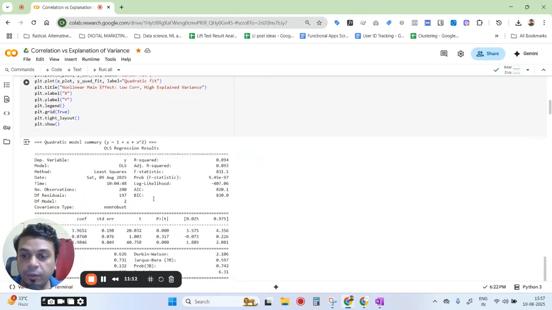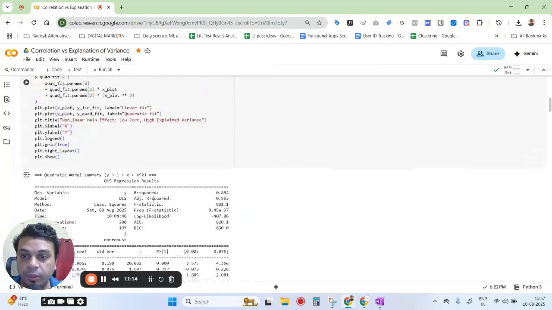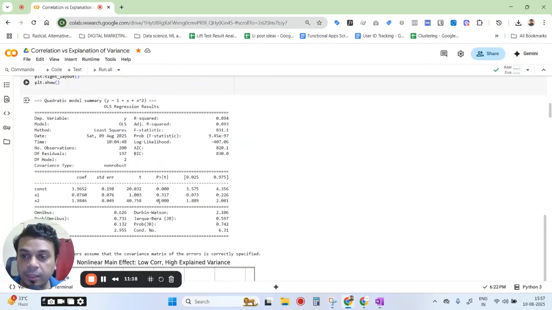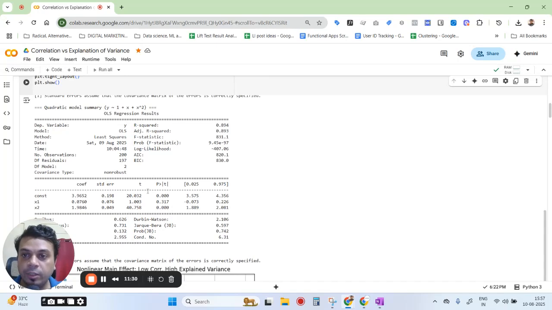But if you look at the OLS regression results for the quadratic one, you'll see that in this case, at least one of these is statistically significant, which is the x2 one. Which variable is more important is a different consideration, but the point is this is a regular standard regression result.